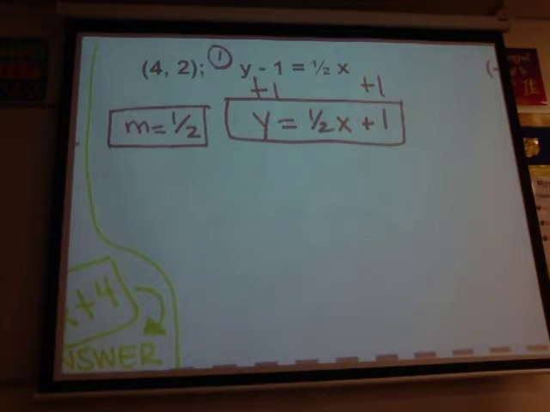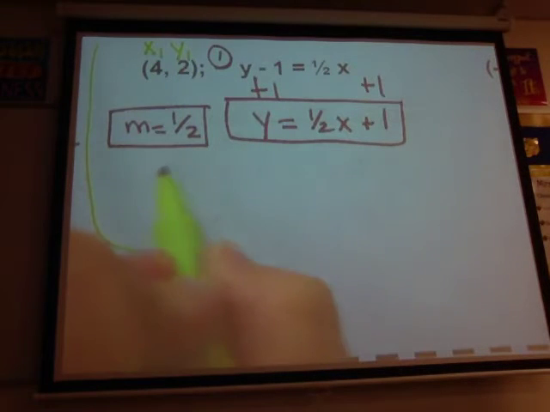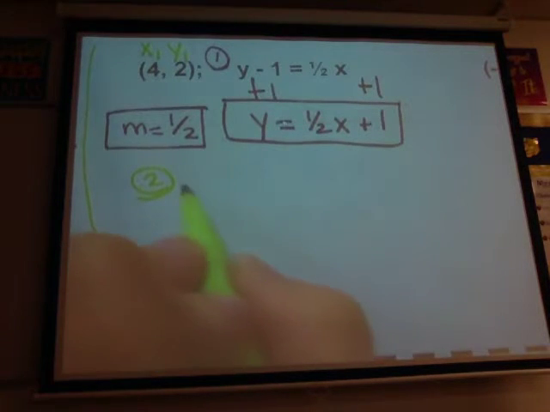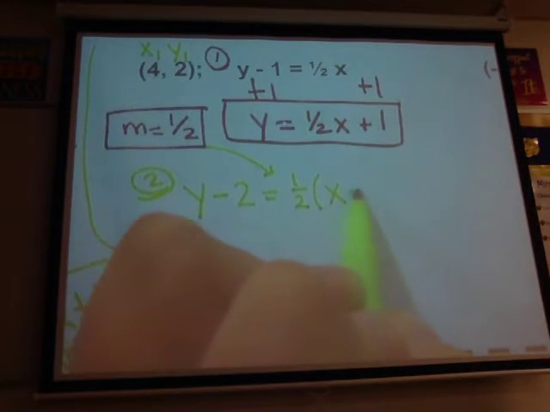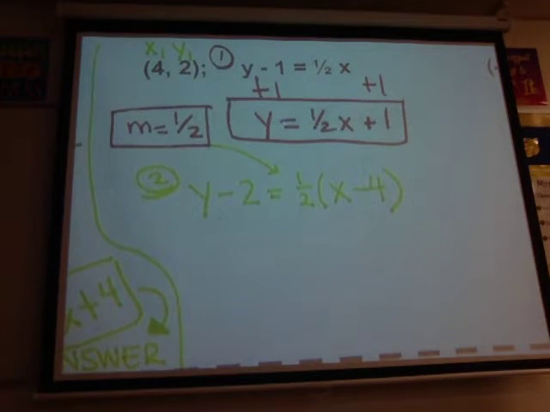What's my next step? Label the point x1, y1, and plug into the point slope formula. So y minus 2 equals my slope times x minus x1, 4. Can I do anything with y minus 2 right now?